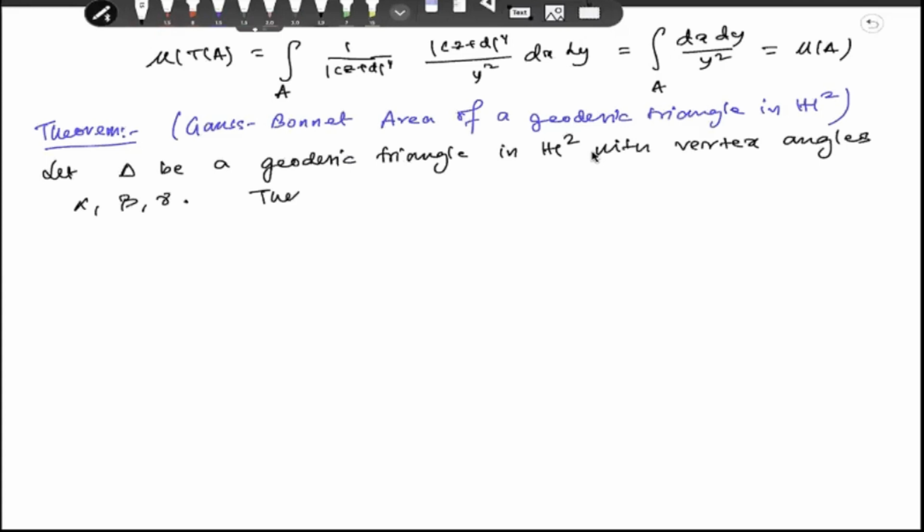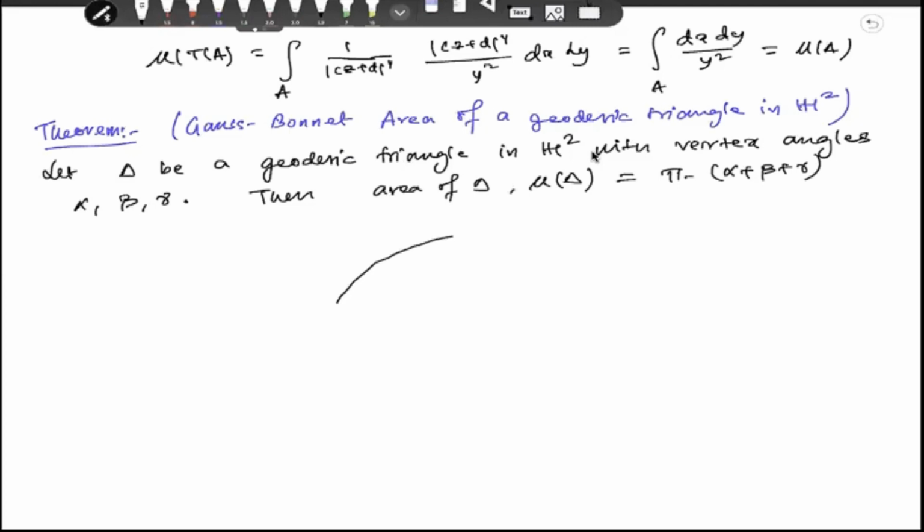Then the area of delta, which we have denoted by mu of delta, is equal to pi minus (alpha plus beta plus gamma). Okay, so by a geodesic triangle, we mean a triangle in the upper half plane whose sides are geodesics.